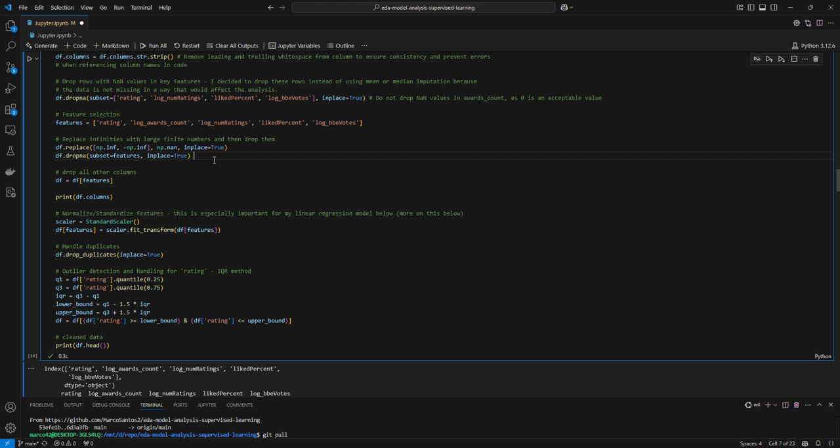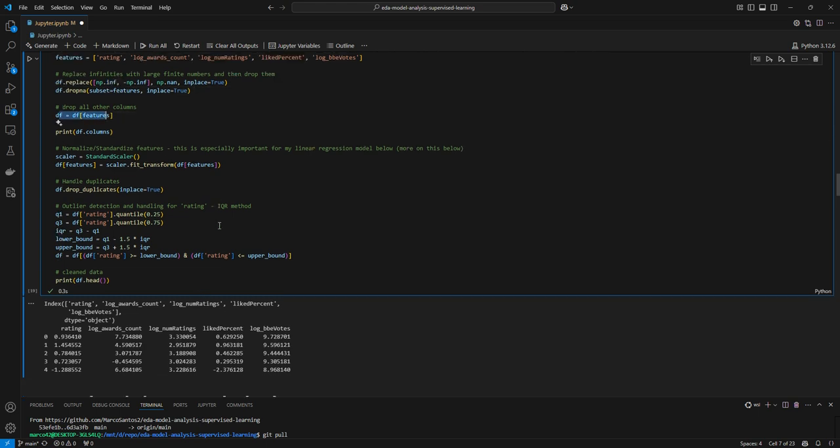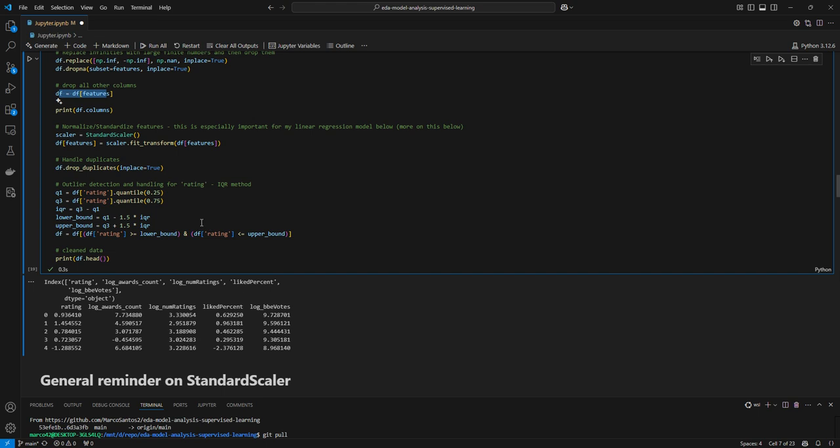We don't want them to get in the way of us visualizing the data. All right, so we're going to drop all other columns here, and then we're going to use a scaler and also the IQR method. I use the IQR method to detect and handle any outliers in the rating feature.